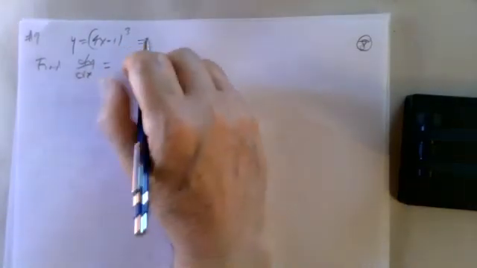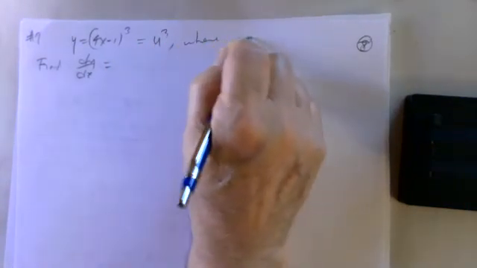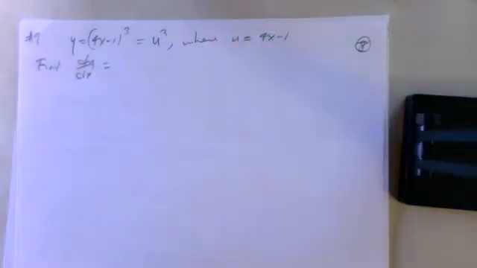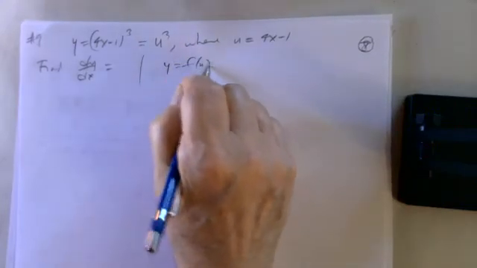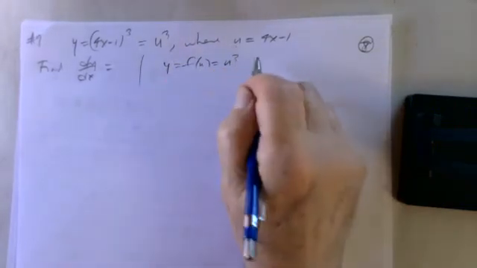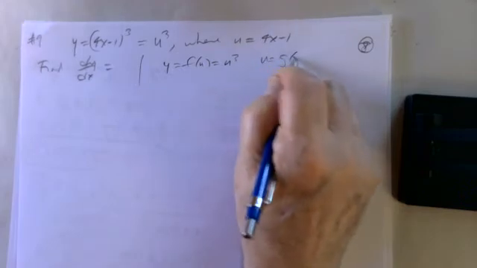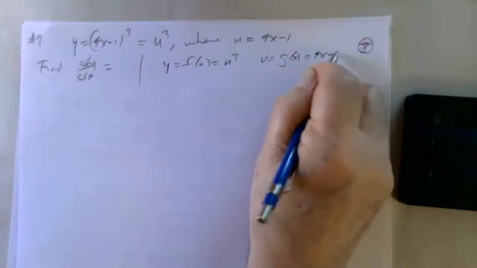I mean, the way to look at this is as a composite function. It's like u cubed, where u is 4x minus 1. So if you want to write this as y equals a function of u, f of u, and u is a g of x, y, which is this function of u, is u cubed, and u, which is a function g of x, is 4x minus 1.